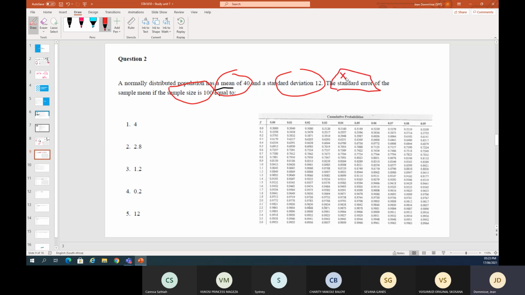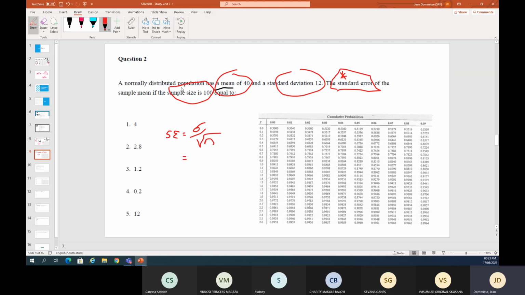So we just need to get that small piece that is under the equation. So we need to get the standard error, which is equal to the standard deviation divided by the square root of the sample size.